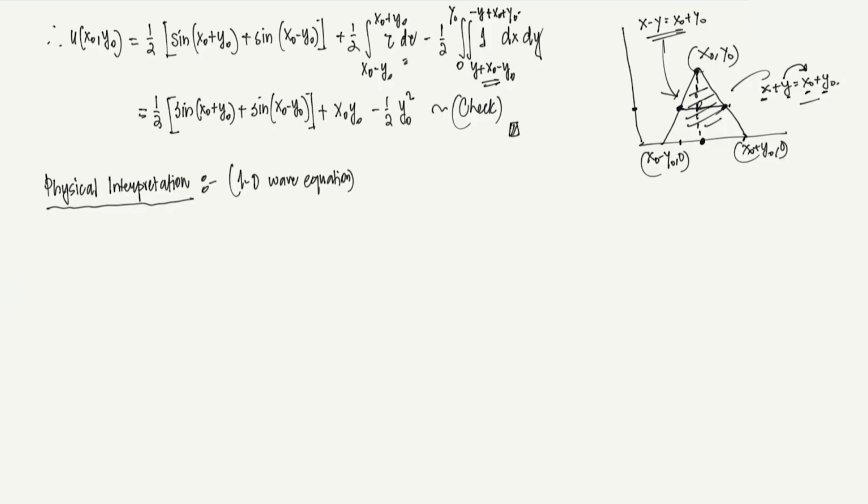Okay. So you remember we talked about the string and all. So essentially, let's say u of x, t represents the displacement in some direction x at time t greater than or equal to 0.